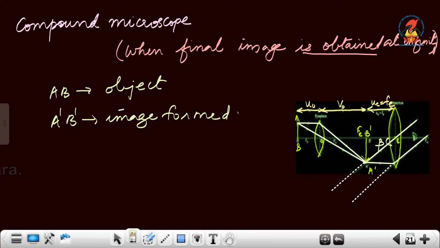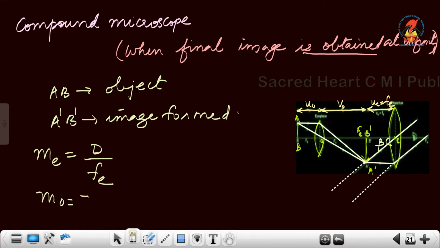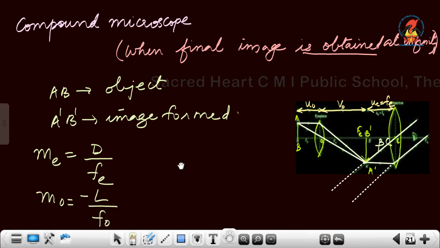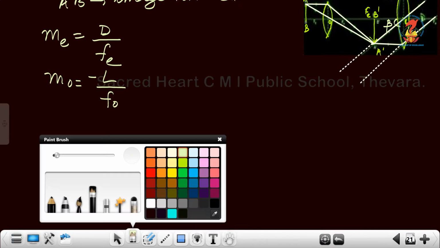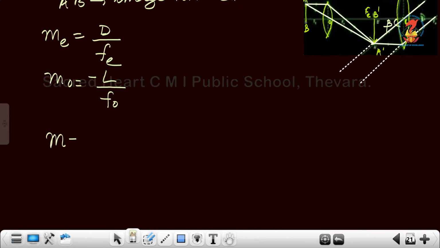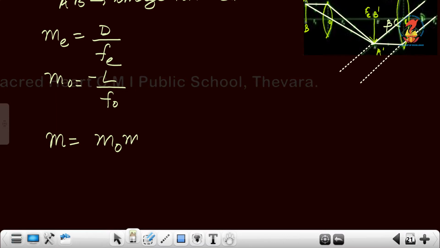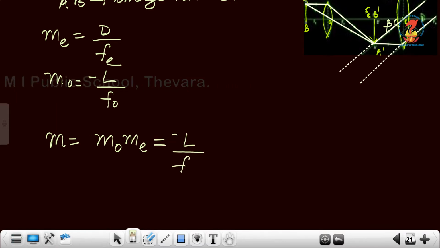The magnification produced by the eyepiece is given by Me = D/fe, and the magnification produced by the objective is M0 = -L/f0. Therefore, the magnification of a compound microscope when the image is at infinity is M0 × Me, which is equal to (-L/f0) × (D/fe).